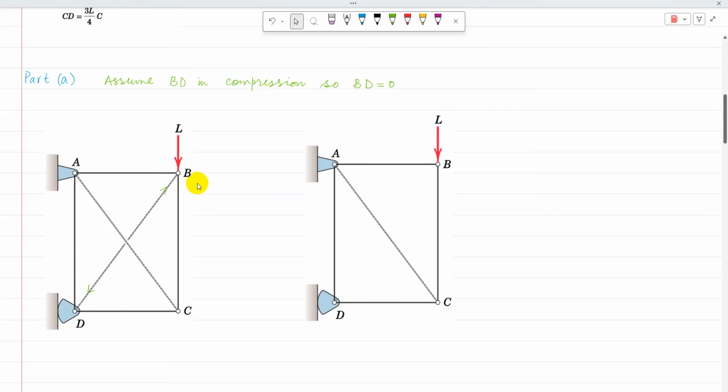But in the statement, AC and BD are not capable of supporting compression. So because BD is not capable of supporting any compression, the member force in BD is equal to 0. When the member force in BD is equal to 0, I can simplify the truss by removing BD from there.